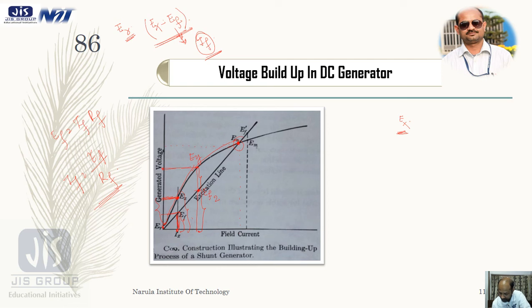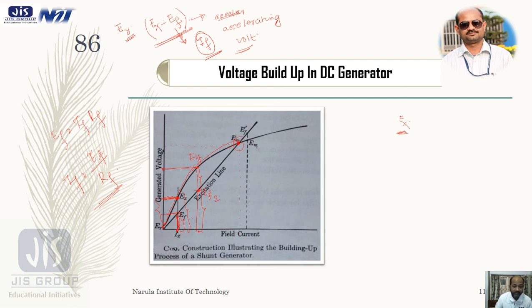Now the accelerating voltage, that is EX minus EF, is known as the accelerating voltage. This accelerating voltage is opposed by an EMF of self induction induced by the field, by the change of field flux, because whenever there is a magnetic circuit, there is an induced EMF due to change in the flux.